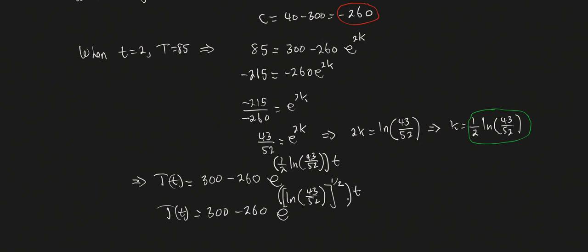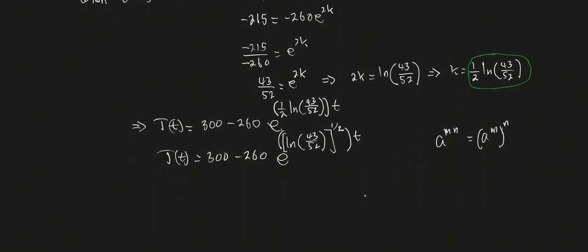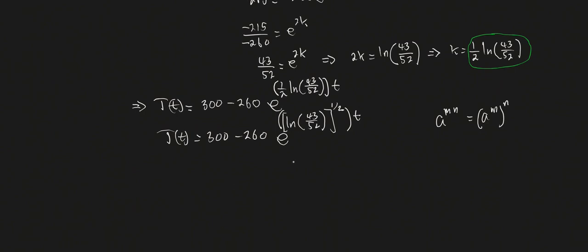Now what I have here is e raised to a certain power, and then that power is multiplied by another expression. So I can use this property of exponents: a to the mn is equal to a to the m, to the n.